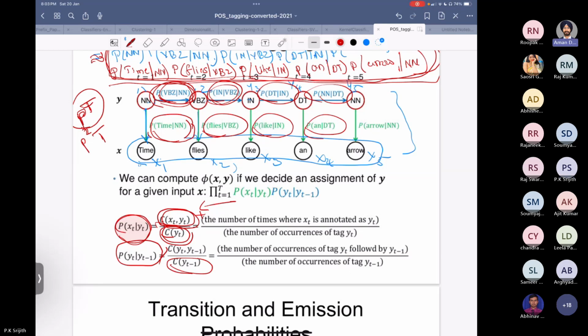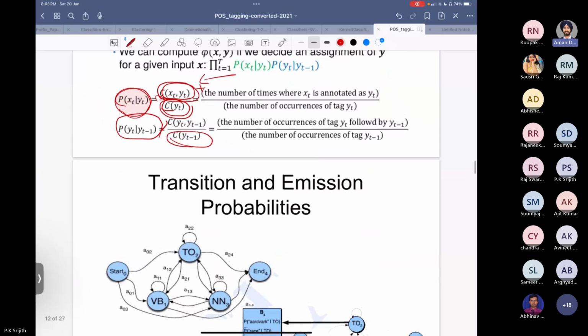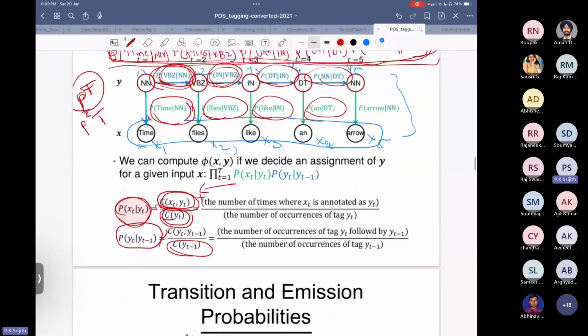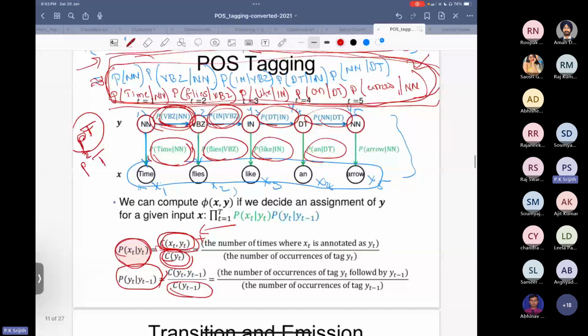Sir, can you just explain this last part, p of xt given yt, one more time, please? P of xt given yt is the probability of xt given yt, which is, for example, here, probability of time given NN, right?